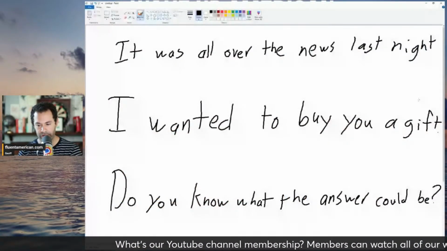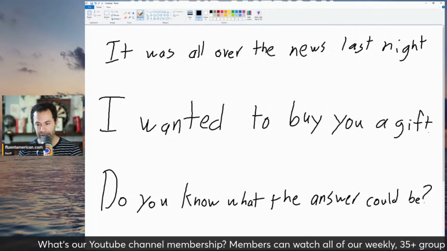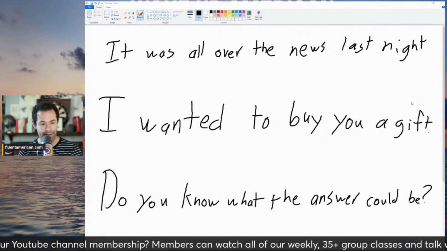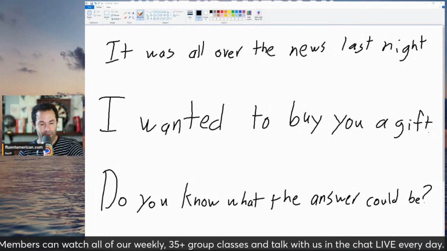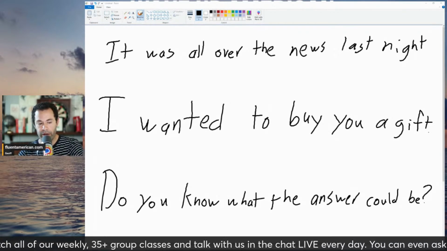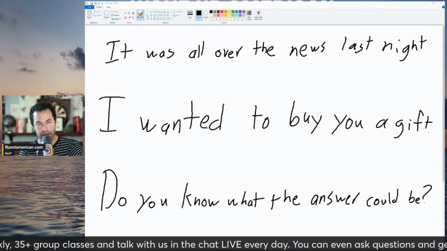So to demonstrate everything that we're talking about for stress, let's take a look at some example sentences I've written for us very eloquently and elegantly using paint. Okay, so we have some sentences here. And I want to show you how these sentences change depending on the stress pattern you use.